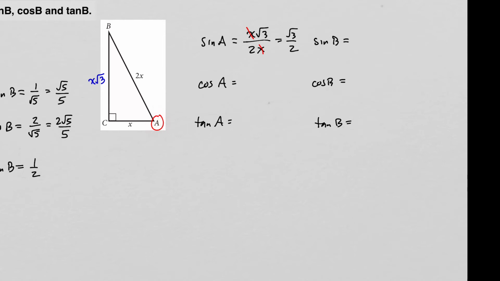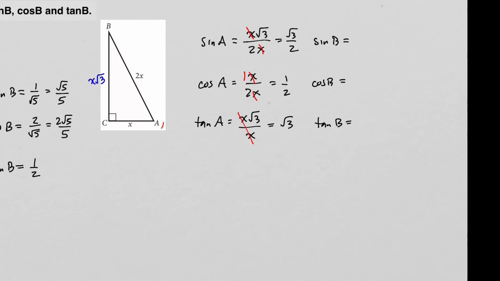The cosine of angle A is the adjacent side divided by the hypotenuse, which in this case is x divided by 2x. And when you cancel the x's here, you get 1/2. Remember, there is an invisible 1 up here. Tangent of angle A is the opposite side divided by the adjacent side, and so that is x radical 3 divided by x. Again, we can cancel out the x, and we get radical 3.